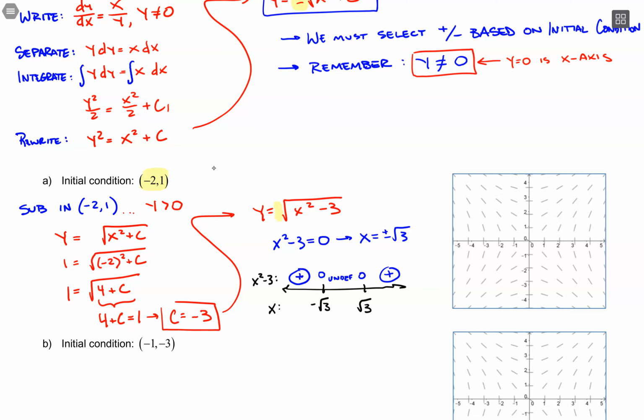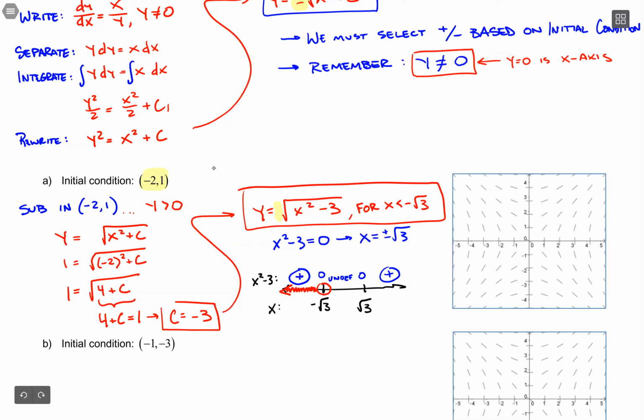We now need to pick a single open interval which contains the initial condition and doesn't violate any rules of the function. So we have x equals -2. That's going to be on this interval over here. So we are going to say for x less than -√3. That is our final answer for this particular solution.